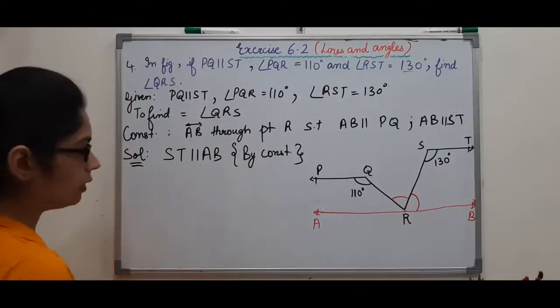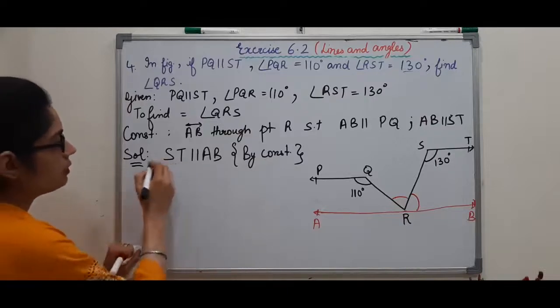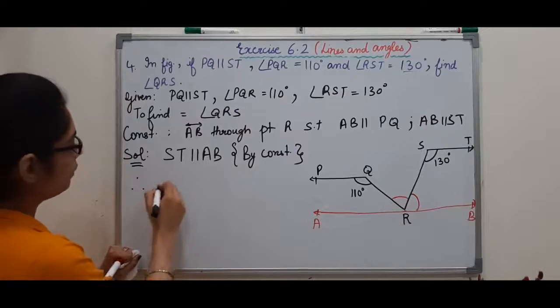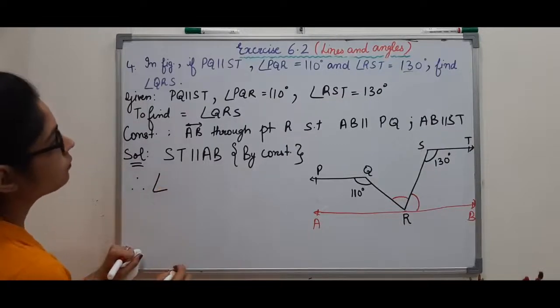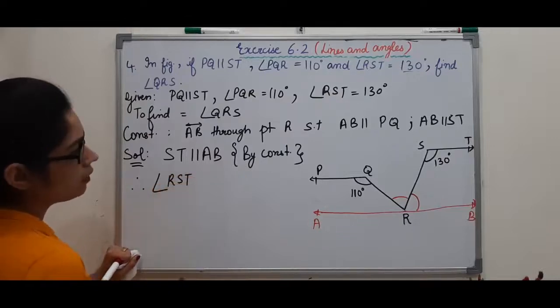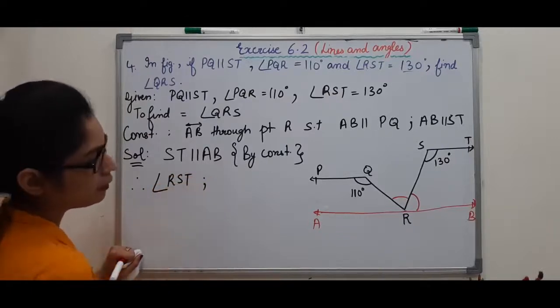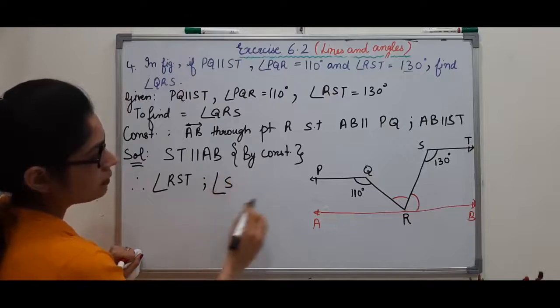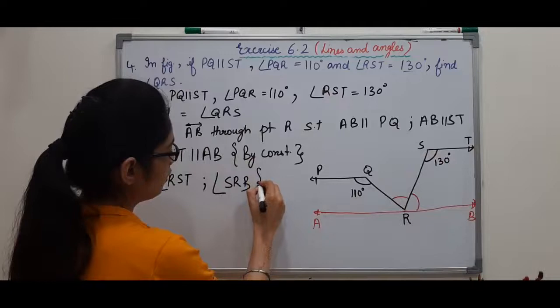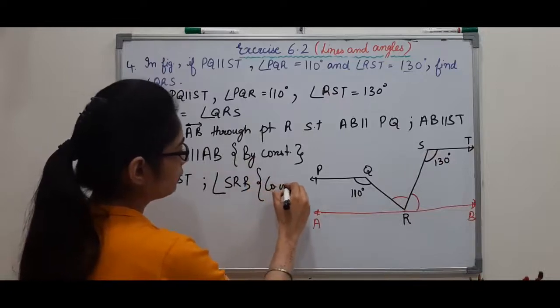So let's write it down. Since ST is parallel to AB, therefore angle RST and angle SRB are co-interior angles.